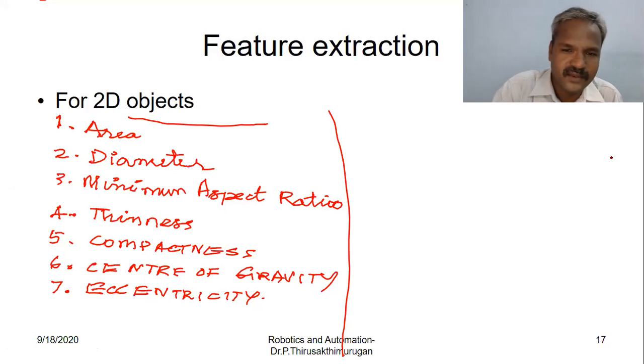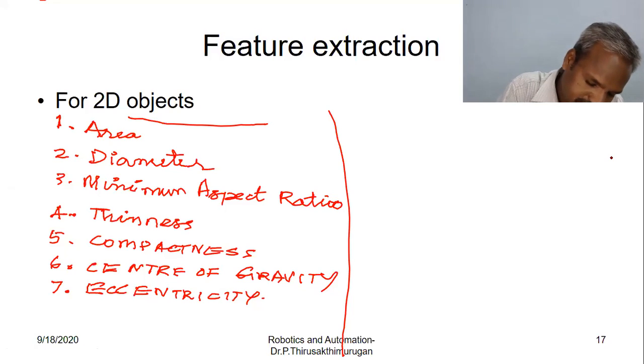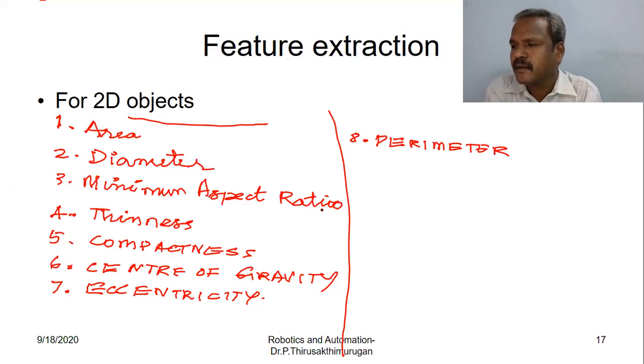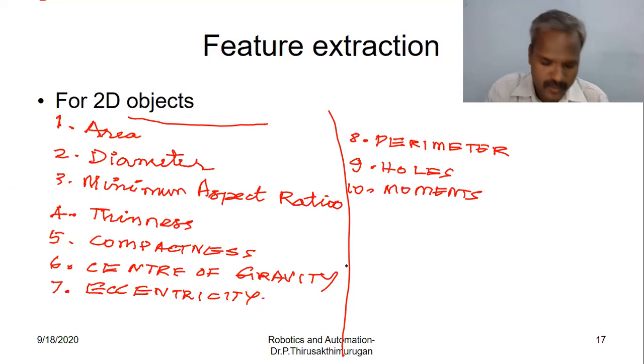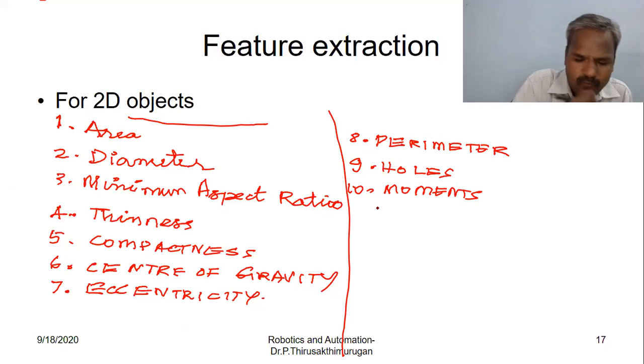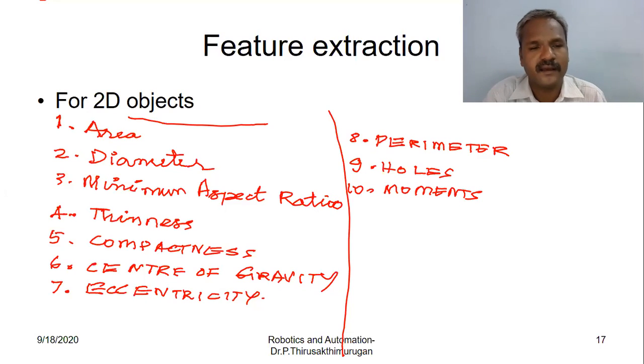Area, diameter, and we can also have perimeter, holes, and moments. For a particular image, we have to estimate these parameters.